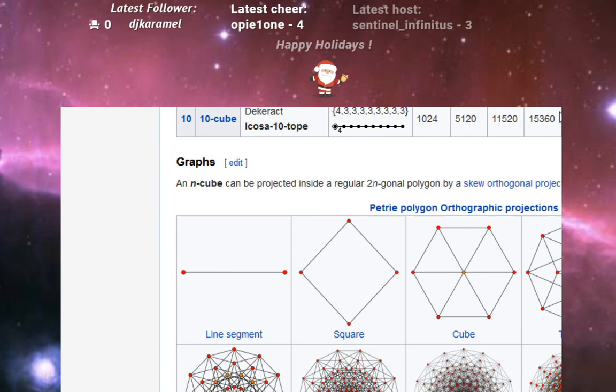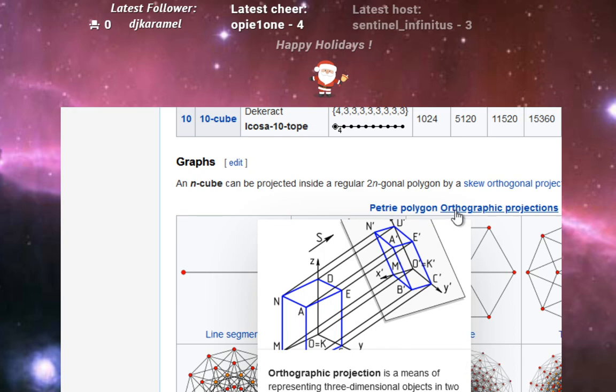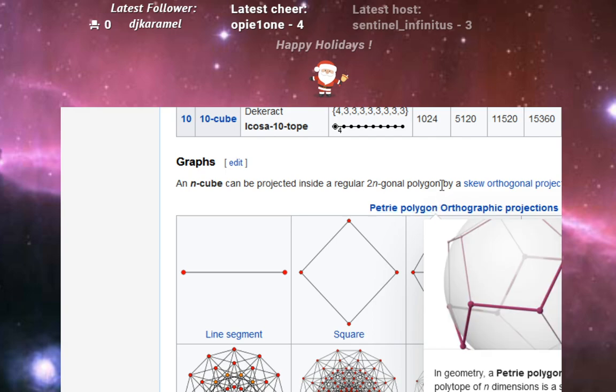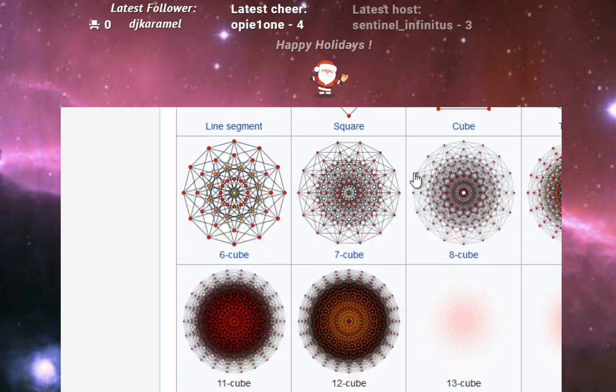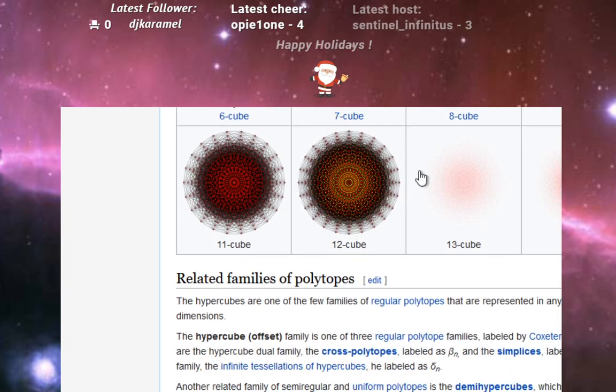Oops, it says Petrie polygon orthographic projections. I should save this page because I want to know, there are different types of projections that you can do on a flat surface to see what they look like. 13 cube, 14 cube, 15 cube.